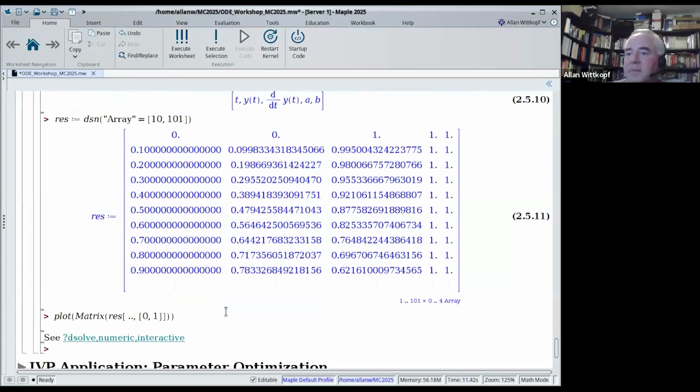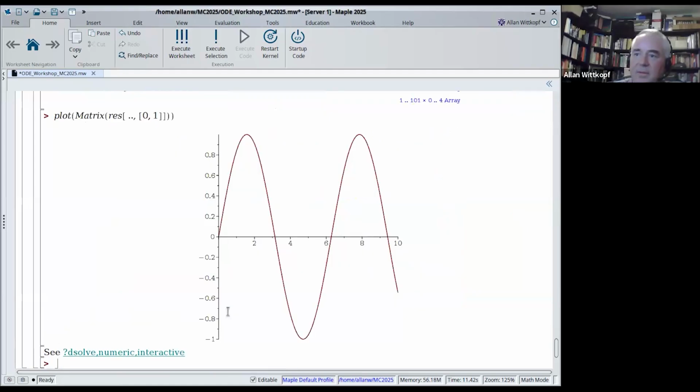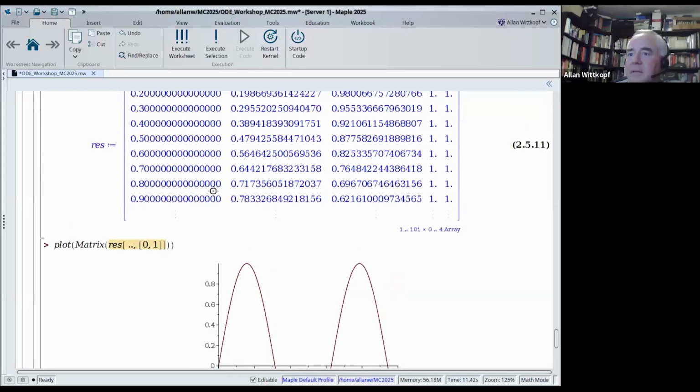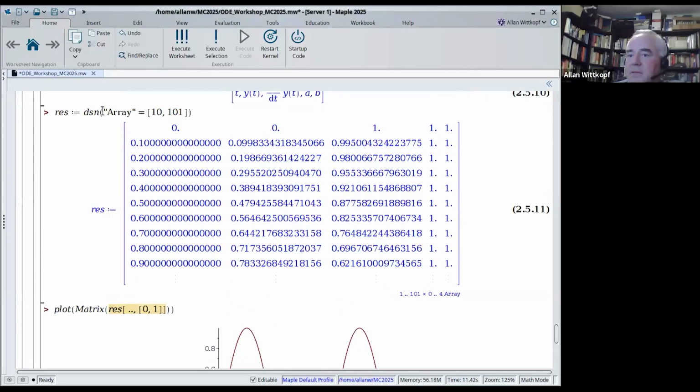Now, if anybody attended Dave's plot structure stuff, you'll see that it's often easy to just call plot with simple data structures. And so I'm just extracting from the result all rows, columns 0 and 1.